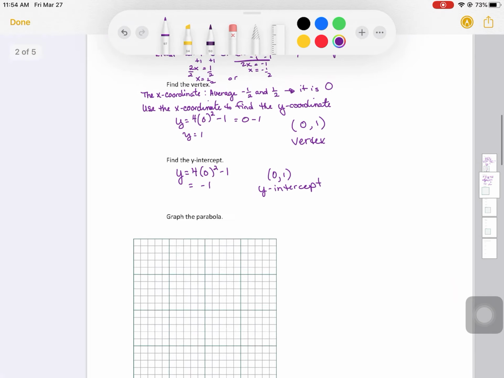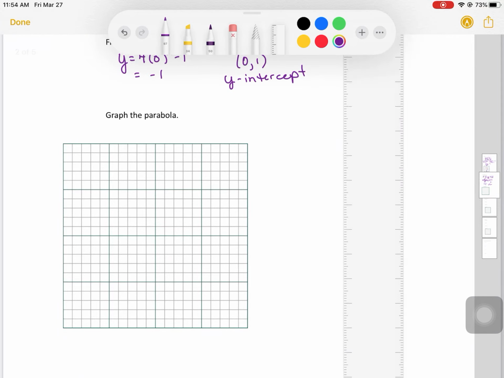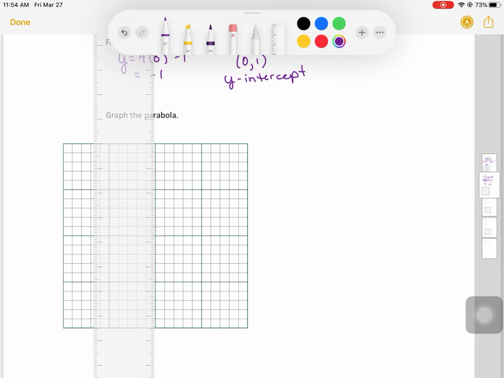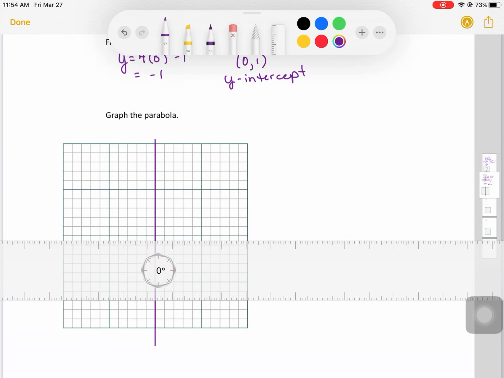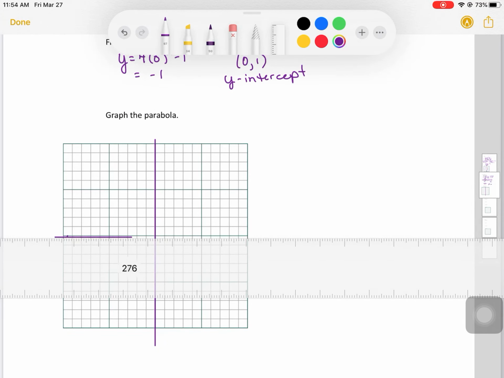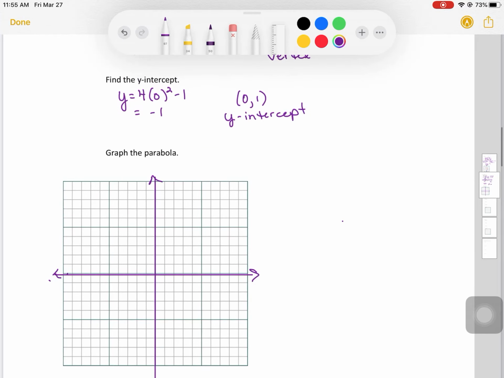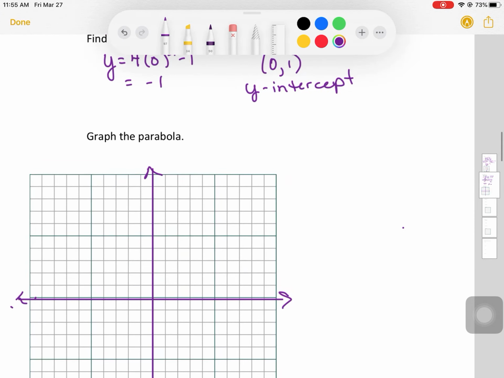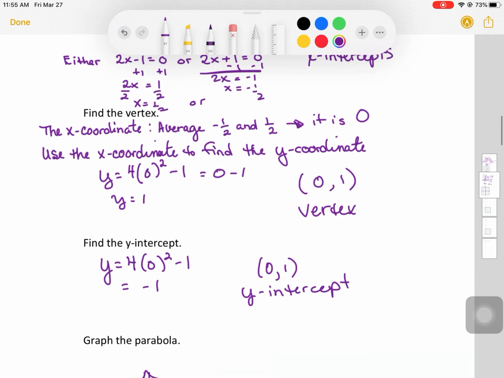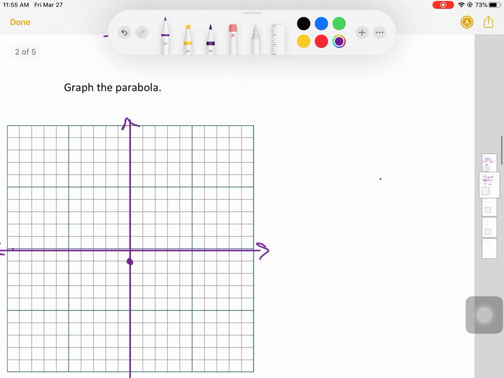And now I can graph my parabola. So I'm going to draw in my coordinate grid, or draw in my axes. I believe this time I'll just count by ones. And (0, -1) is my y-intercept and my vertex.